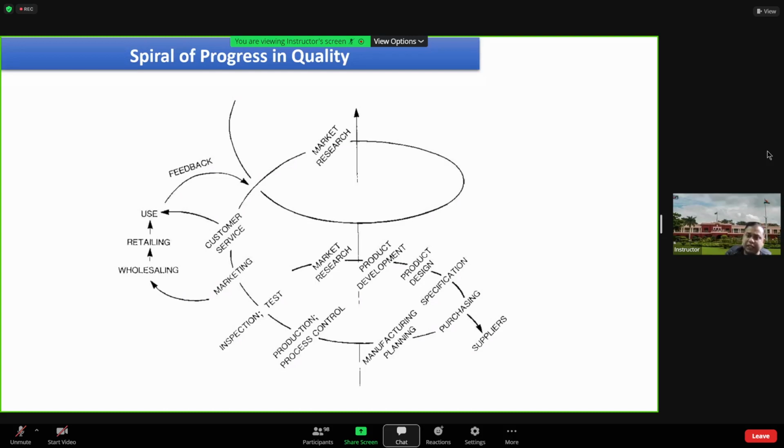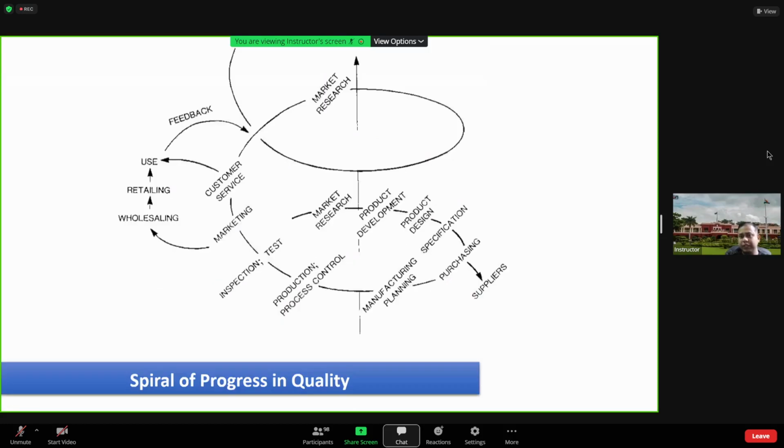As mentioned here, there are multiple activities going on, starting from market research, what the customer actually wants, then designing and development of the product, then manufacturing, and towards the end providing customer service and taking their feedback for further improvement. So this continuous spiral of activities can be termed total quality function, so that we can achieve the fitness of use here.